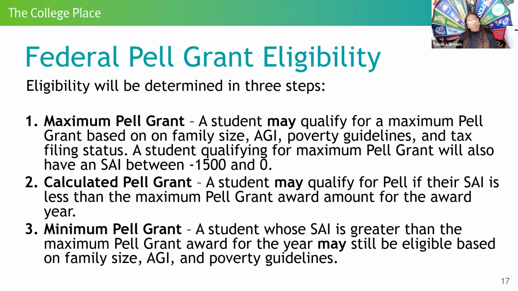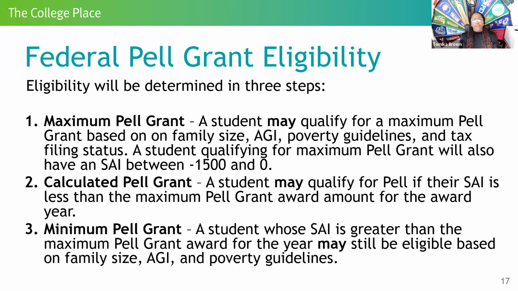And then next is minimum Pell, for a student whose SAI may be greater than 7,500. They may still qualify for some Pell award based on other eligibility factors that are built into the equation.